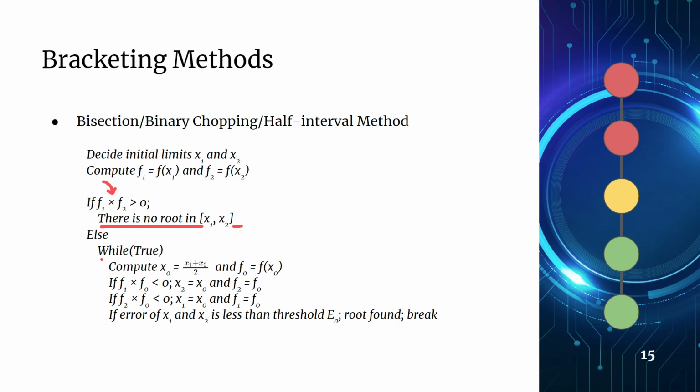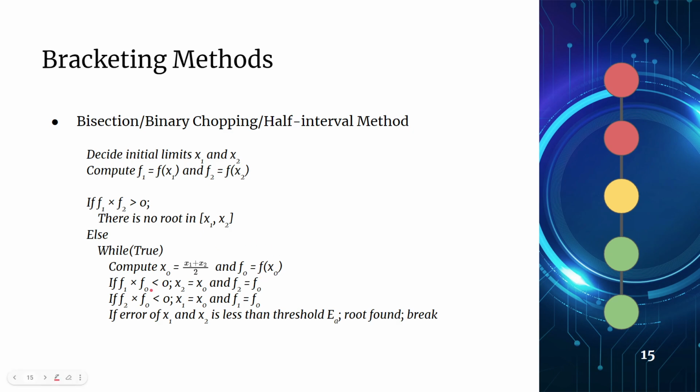While we don't find that root, so while true, using the bisection method, this line is what will change in algorithms as we move on. This part is called the update rule. x0 over here is the new value of x, which will be calculated using the values of x1 and x2. Once we get x0, we will get a new f0 as well, that is f of x0.